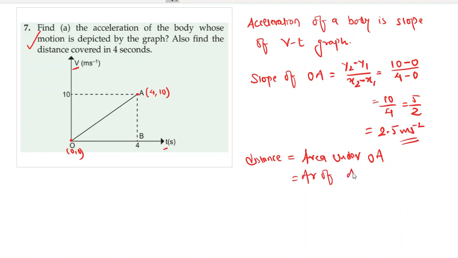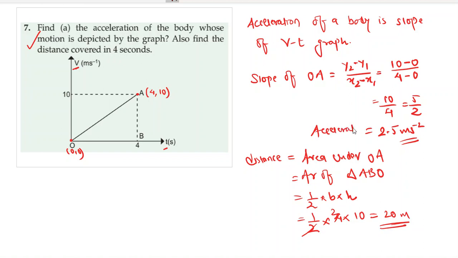Area of triangle ABO, which is half into base into height, which is half into 4 into 10, which is 20 meters. So the distance covered is 20 meter and slope of OA, that is acceleration, is 2.5 meter per second square. Correct? So this is how you solve question number 7.